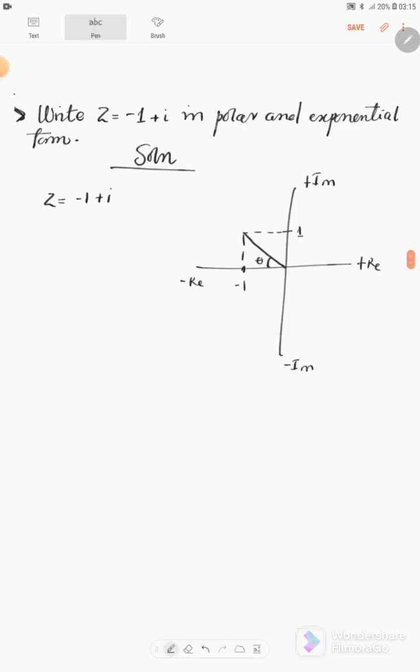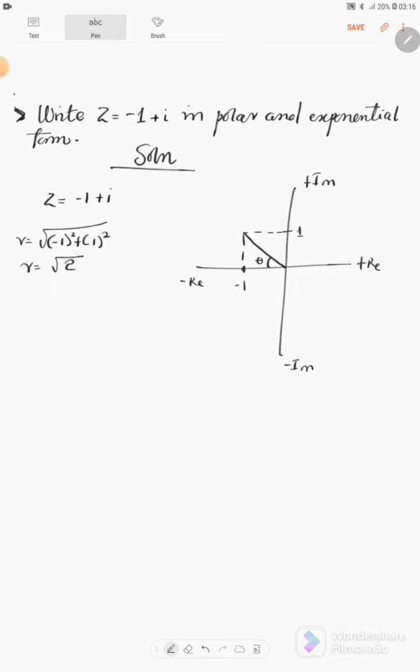Now let's find our r. R equals square root of a square plus b square, which is minus 1 square plus 1 square. Please mind me, when doing this, you don't do square root of minus 1 square plus 1 square. This is wrong. Totally wrong. You put the -1 in the bracket, then r will be square root of 2.